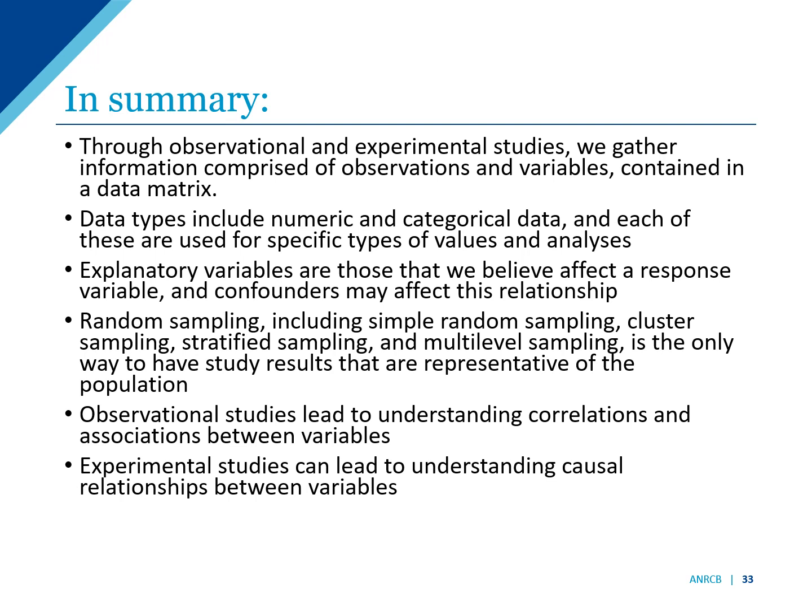Random sampling, including simple random sampling, cluster sampling, stratified sampling, and multi-level sampling, is the only way to have study results that are representative of the population. Observational studies lead to understanding correlations and associations between variables, and experimental studies can lead to understanding causal relationships between variables.